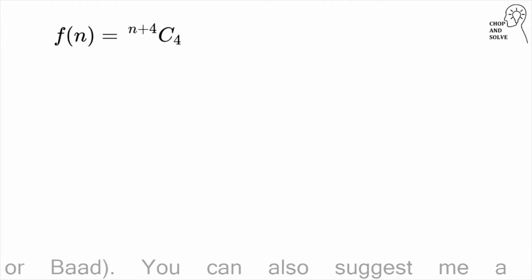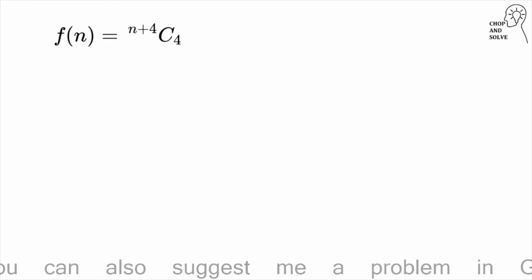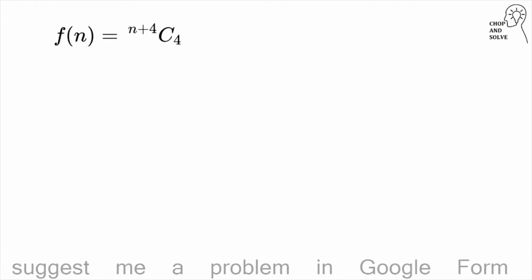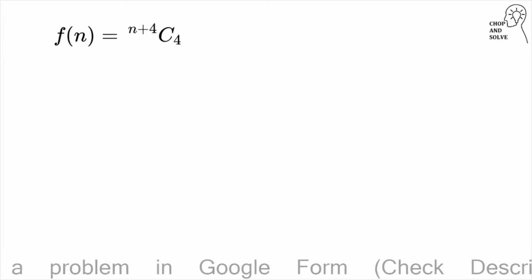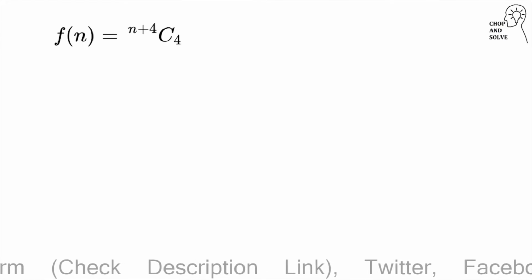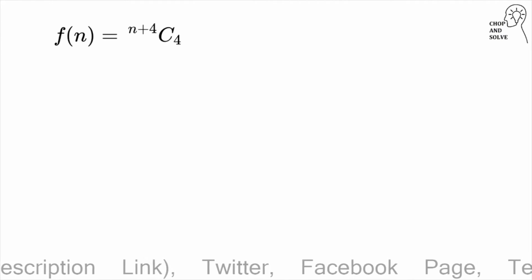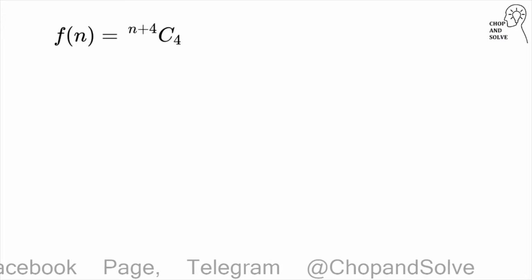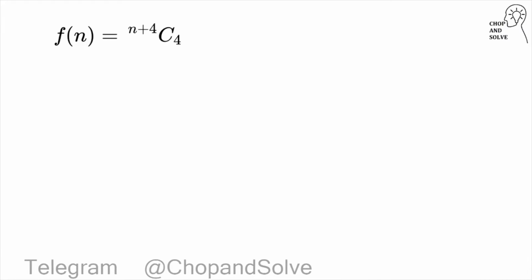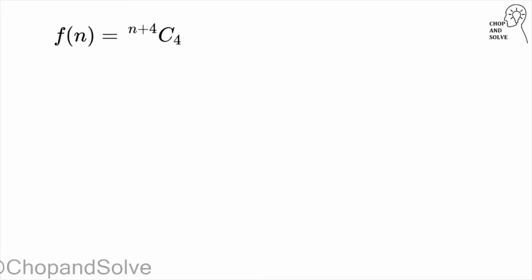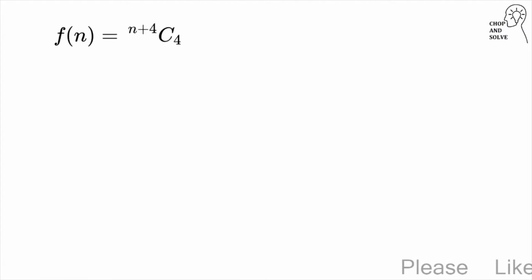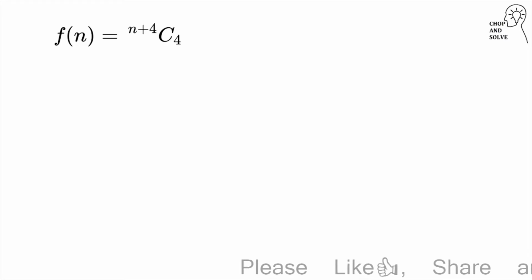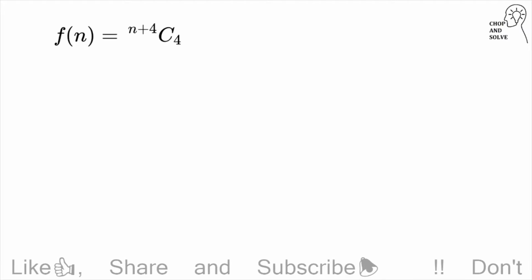From the basic theorem of permutation and combination, we can arrange the n identical balls and the r minus 1 identical sticks in n plus r minus 1 factorial divided by r minus 1 factorial into n factorial ways.